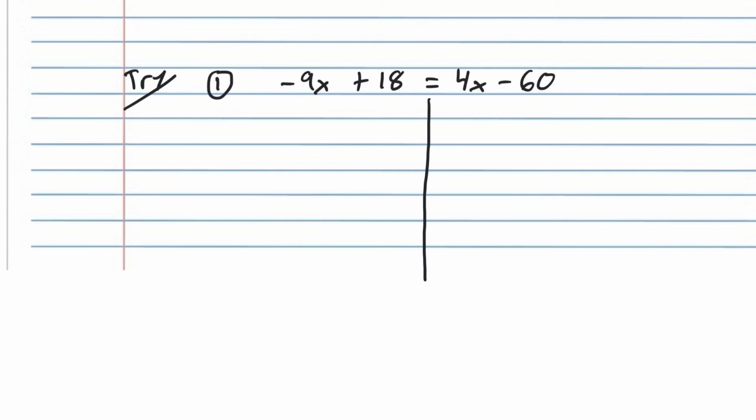All right, so hopefully you had a chance to try it. Now in this question, of the two x's, negative 9x is actually smaller than the 4x. So that's the one that I'm going to choose to move. You can move the other one as well, but I just think the smaller one is probably a little bit easier.